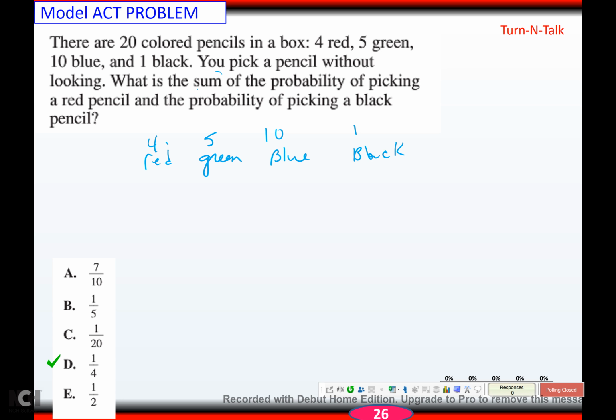What is the sum, which means I'm adding up probabilities of picking a red and the probability of picking a black? Well, my probability for picking red is 4 out of 20. Sum means add, and the probability of picking black is 1 over 20, which gives me 5 out of 20, which reduces down to 1/4.